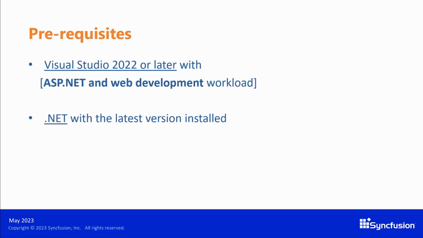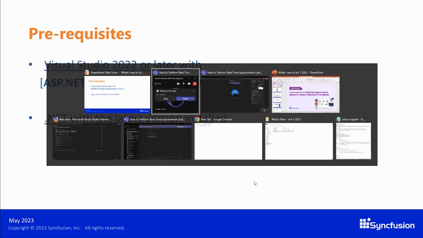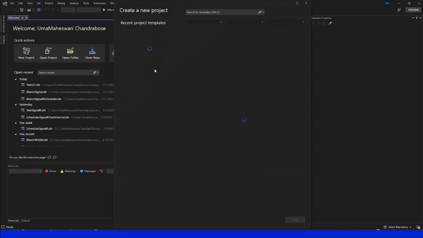I hope you all should have Visual Studio 2022 or later with the ASP.NET and web development workload installed, and you should have this .NET latest version installed. So, all right, I'll open the Visual Studio and let's begin to build this application now. I'll create a new project, Blazor WebAssembly project.